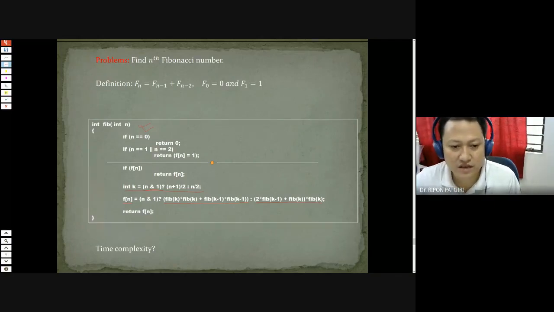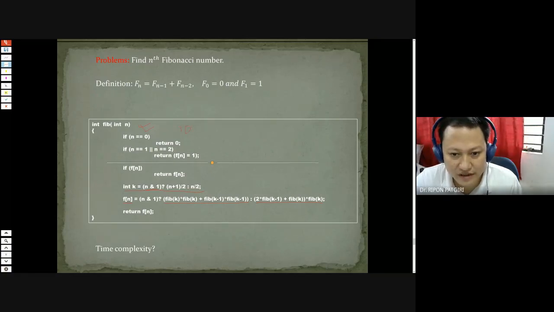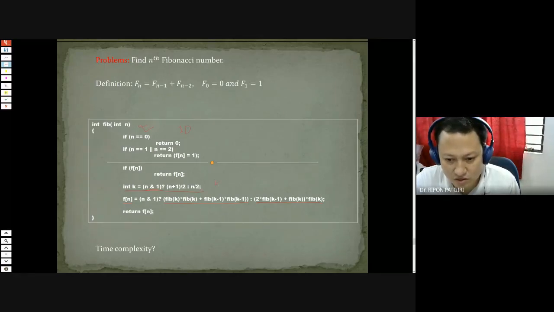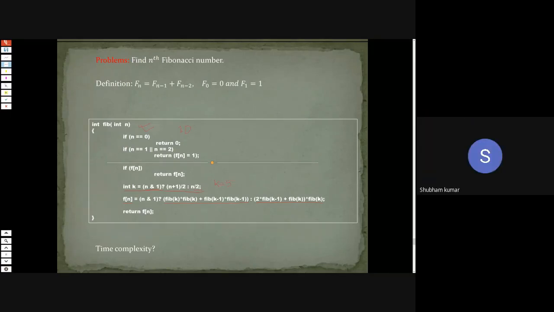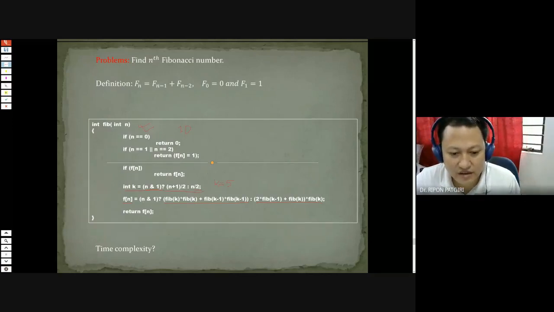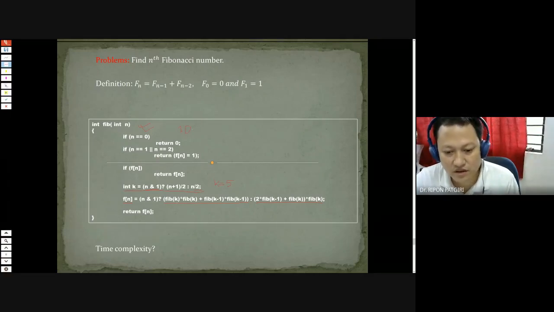So first, say for example, I would like to call Fibonacci of 10. So it will give 0. That's why n divided by 2, k is equal to, what is k? The value of k is equal to 5. Yes, so n is 10 and n AND 1 is 0, an even number.